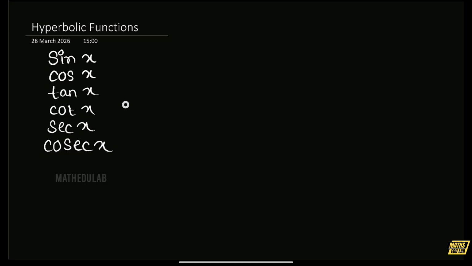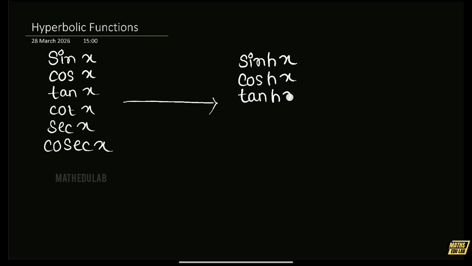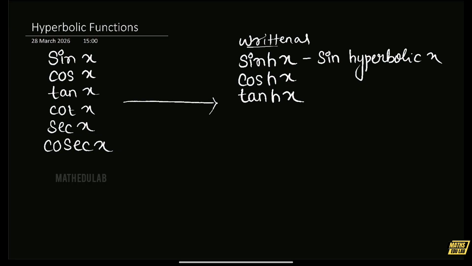With the help of these ordinary trigonometric functions, we will write the hyperbolic functions as sine hyperbolic x, cos hyperbolic x, tan hyperbolic x. We just add h, which is read as sine hyperbolic x, but we write it like this.